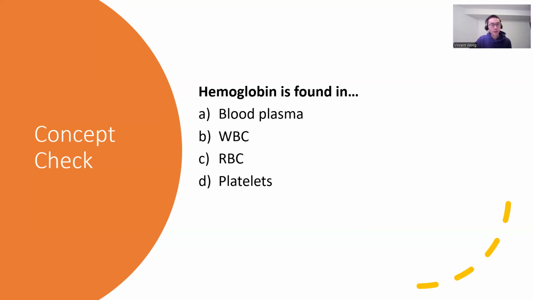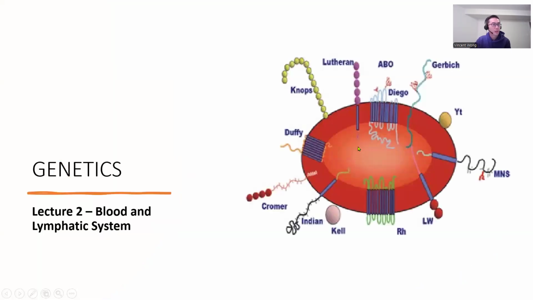Yep, very good. Hemoglobin is found in red blood cells. Excellent. That concludes the first half of the lesson. Now we're going to do the second half.